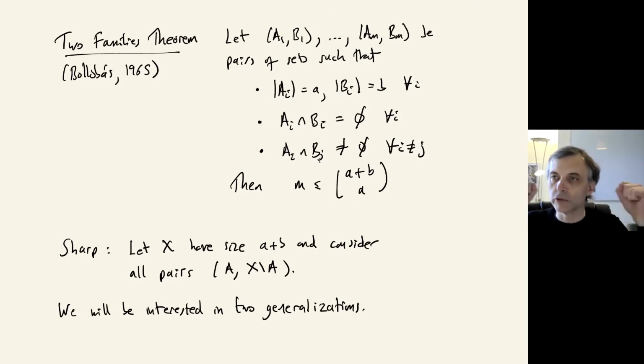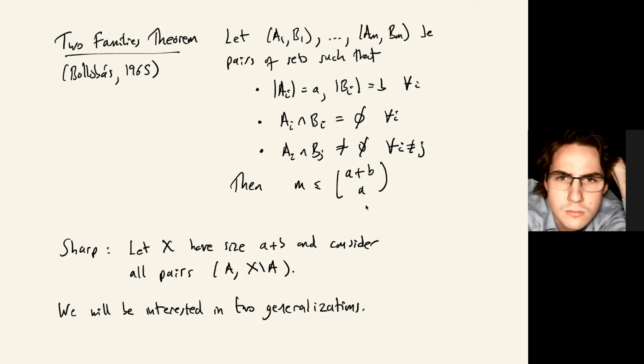So you miss your paired set, but if you have two sets, an A and a B from different pairs, then they have to intersect. And the theorem says that in that case, there are at most a plus b choose a pairs of sets in our collection. Okay, so it's a lovely theorem.